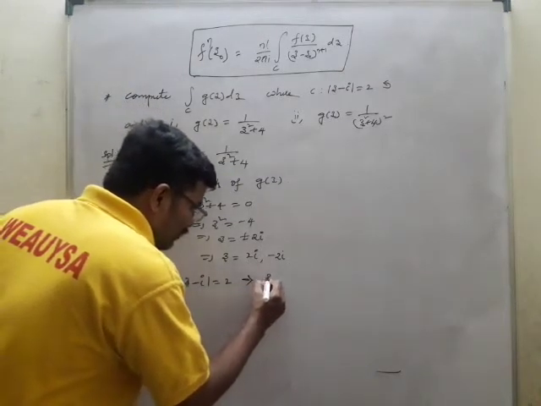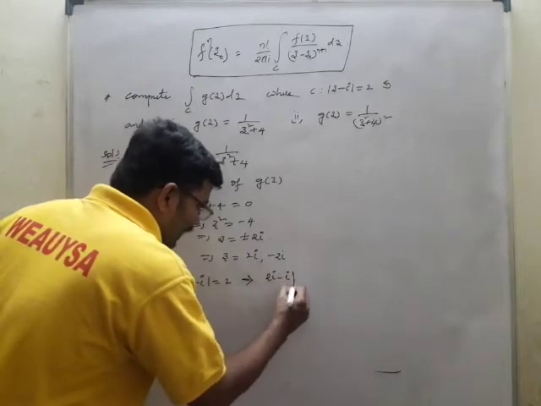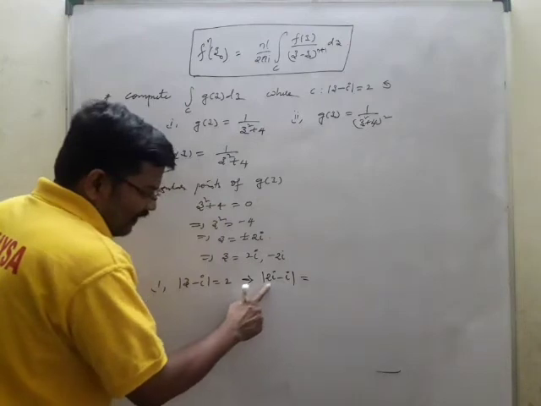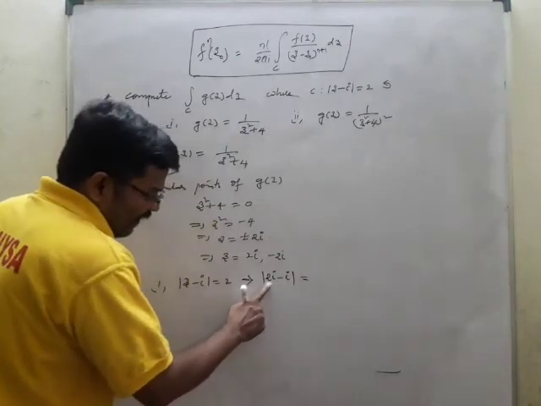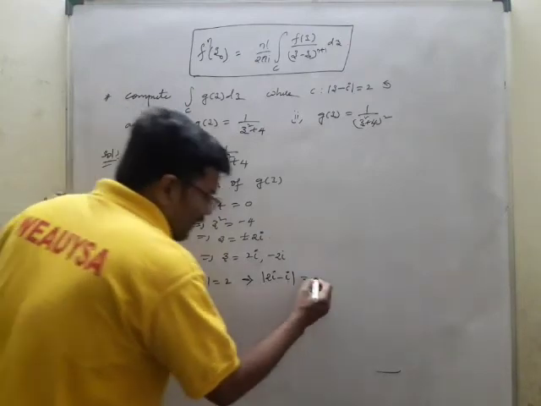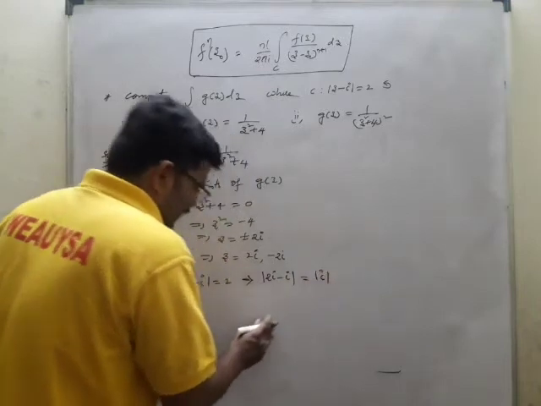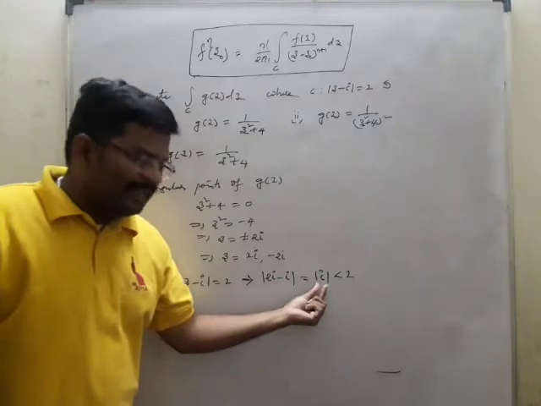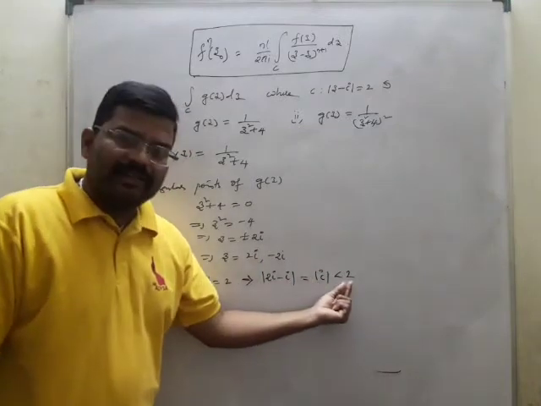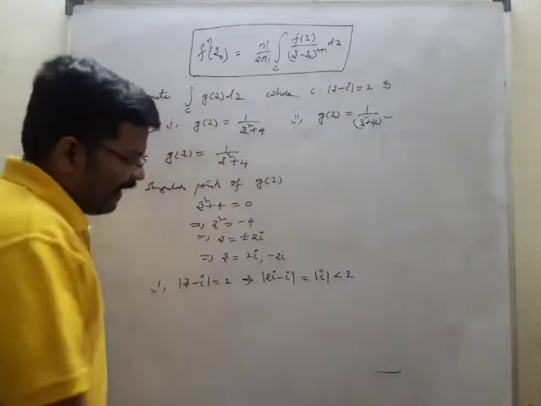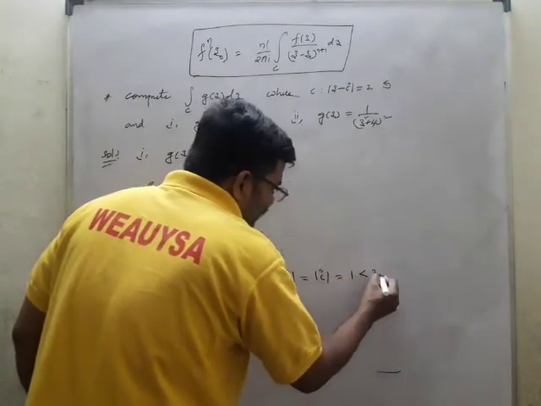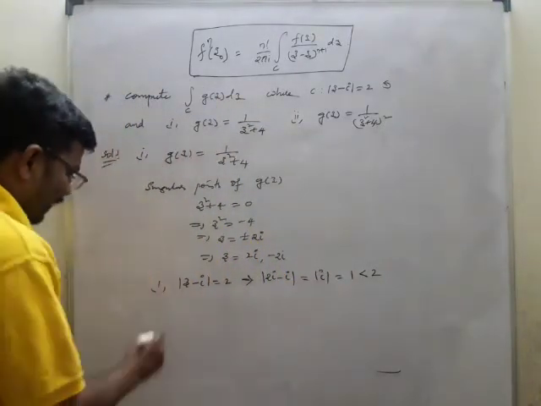So 2i minus i, it is nothing but i, and mod i is 1, which is less than 2. Okay, this is the first one.